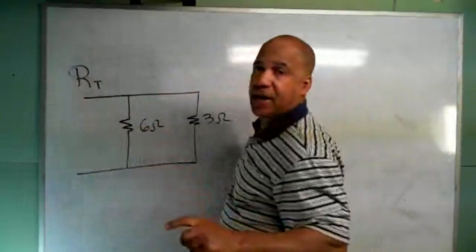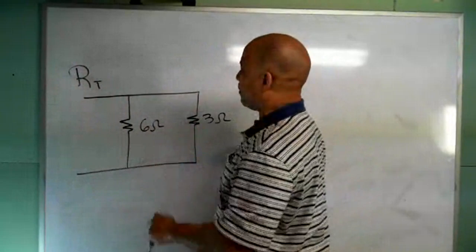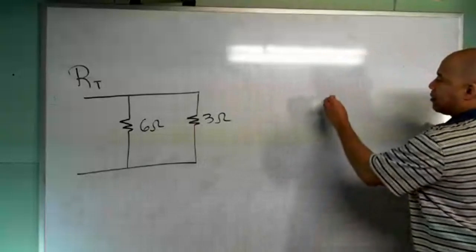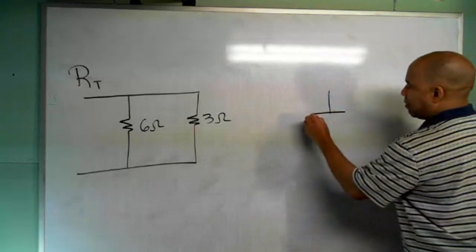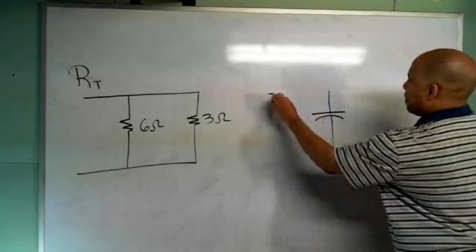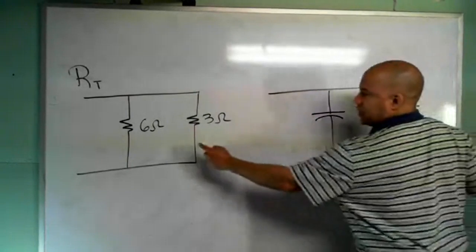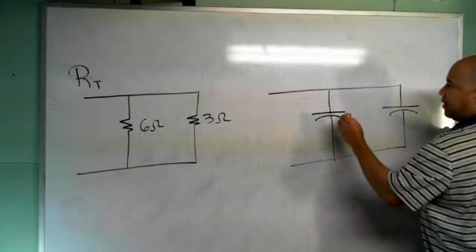But then I give you the same exact problem, and I'm going to change these from resistors to capacitors. So over here I've got capacitors in parallel. We'll use the same numbers again.